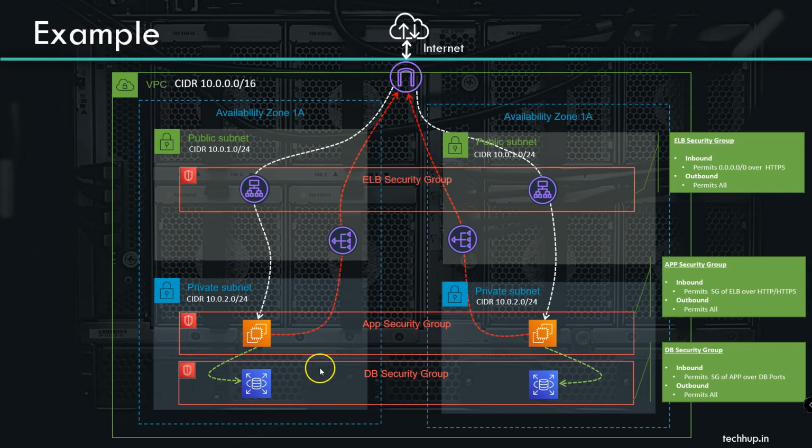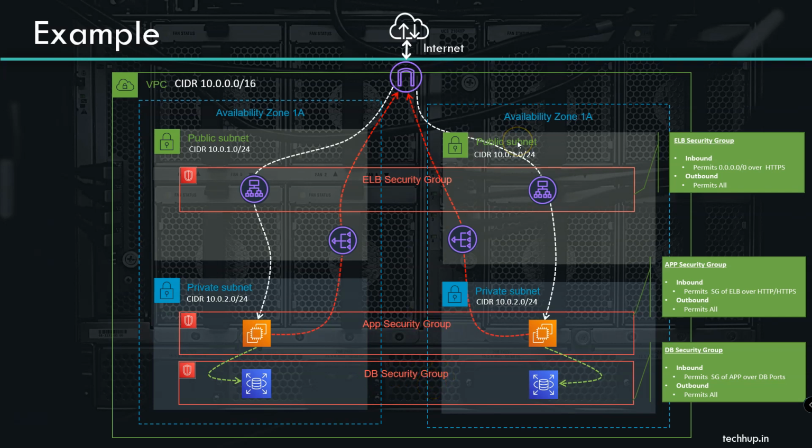And what it implies is that these two DB instances will be allowed incoming traffic over the DB ports from these two instances, since these two instances are associated with the app security group, and the app security group is being referenced in the inbound rule for the DB security group as a source.